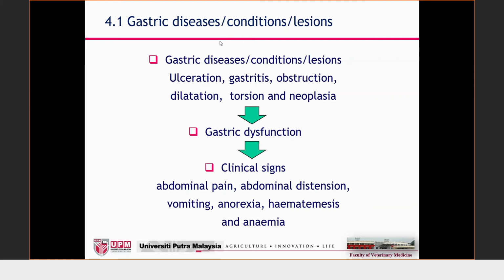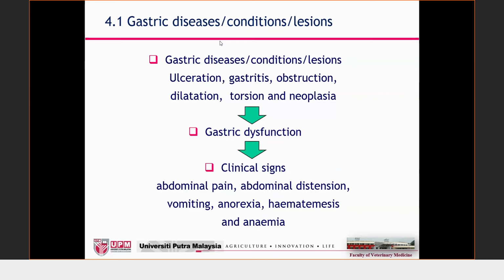Clinically, we can do auscultation and listen for different sounds or content of the GIT. For example, you might be able to differentiate between a gas sound in cases of secondary bloat, or a more foamy sound in cases of primary bloat. So auscultation with your stethoscope on the abdominal cavity, listening to sound changes in the stomach, is very important for understanding the abnormalities of gastric dysfunction, in addition to what you can observe of the clinical signs.